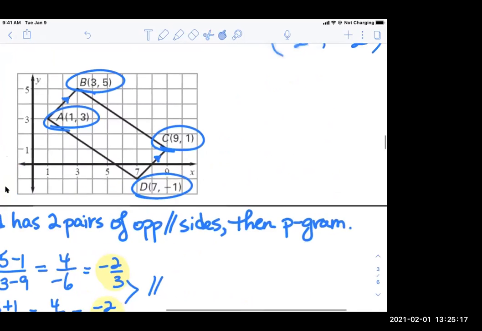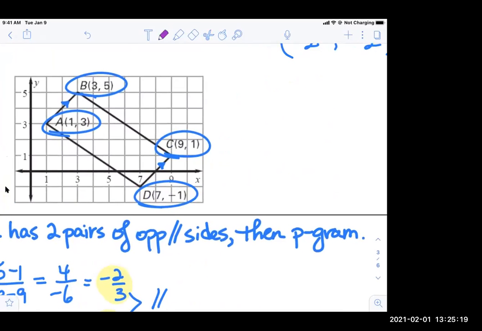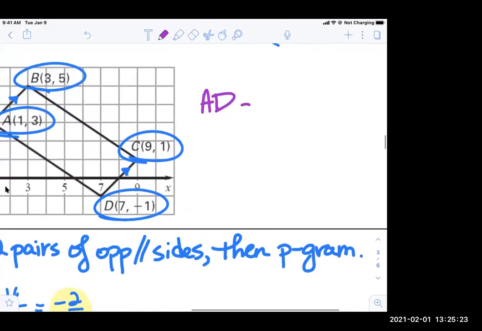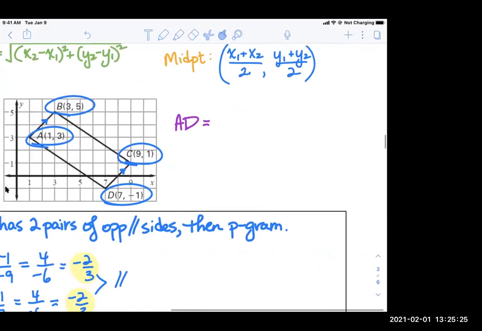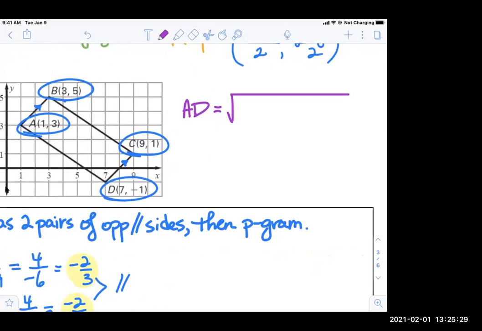All right, and then our last side, AD. Ryan, tell me what numbers to put in there. Okay, one second. AD.